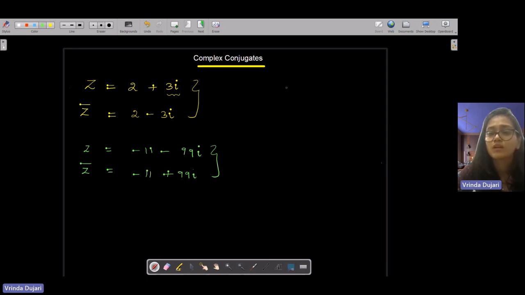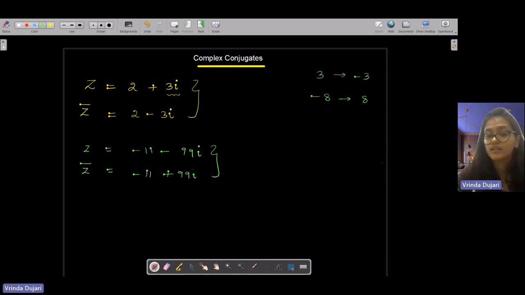Okay, so in case of real numbers, you must have done opposite numbers or additive inverse. So for example, the additive inverse of 3 is negative 3. Additive inverse of negative 8 is positive 8. Right?